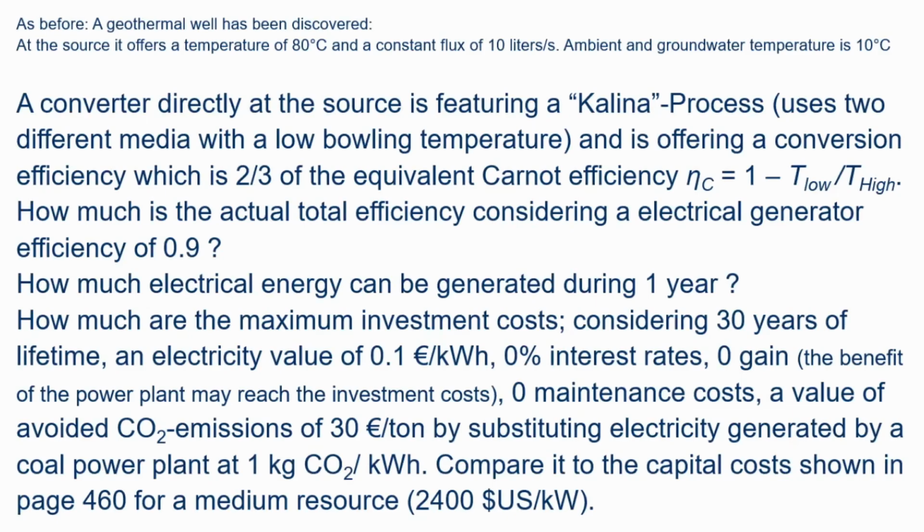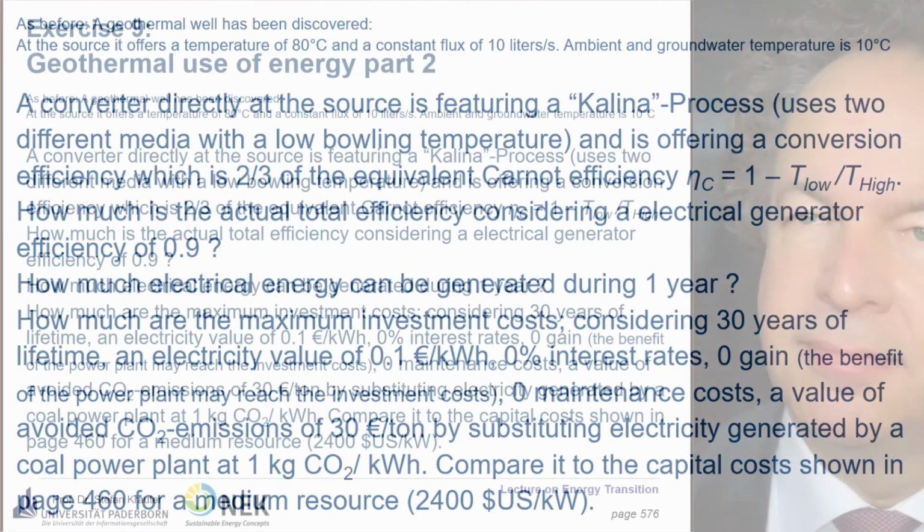And zero maintenance costs, a value of avoided carbon dioxide emissions of 30 euro per ton by substituting electricity generated by a coal power plant at 1 kilogram carbon dioxide per kilowatt hour. Compare it to the capital costs shown before for a medium resource, which has been in the vicinity of $2,400 per kilowatt.